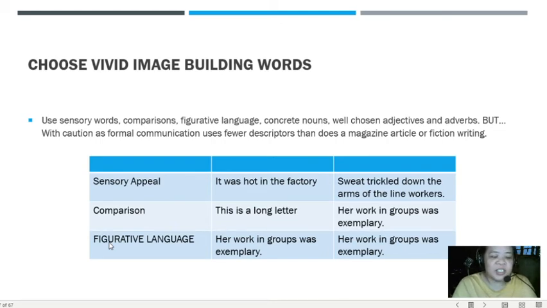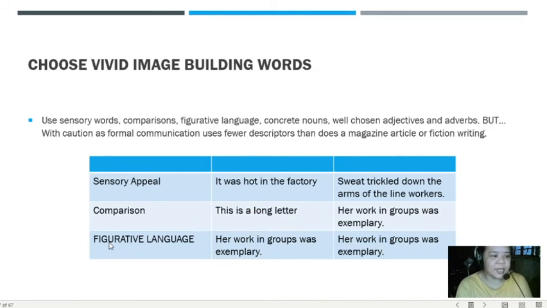So when you say sweat trickled down the arms, you can imagine the sweat trickling down the arms of the line workers. You see what I mean? It gives it more life. It brings your mind to a different scenario rather than "It was hot in the factory." Your imagination doesn't work that much.